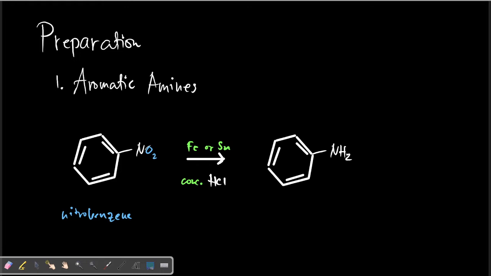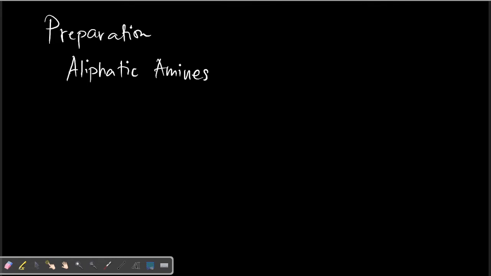So kung gusto nating dagdagan pa yung ating R group dito sa scenario na ito, kailangan lang nating baguhin yung mga gagamitin nating reagent para lang magkaroon tayo ng secondary or tertiary amine. As for the aliphatic amines, ang kailangan lang natin dito, kailangan mo lang mag-start sa pinaka-reactive na non-hydrocarbon.